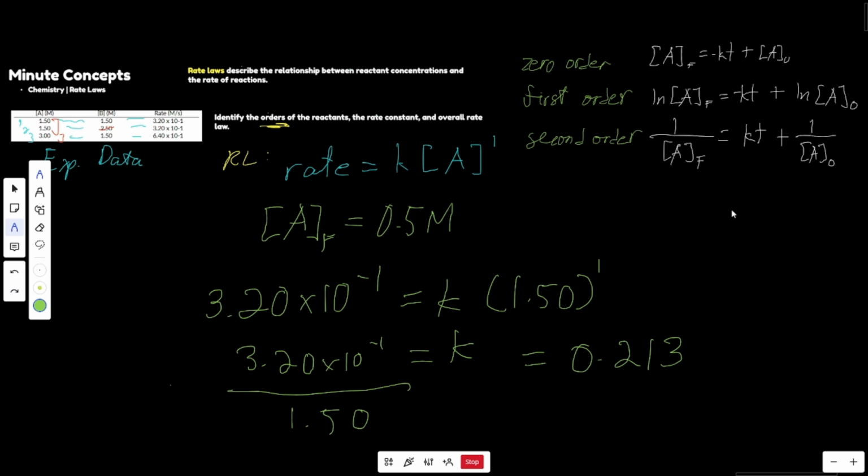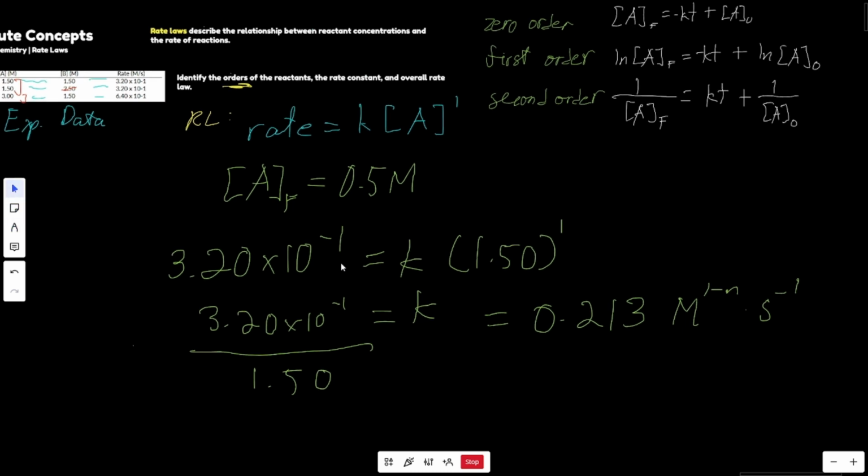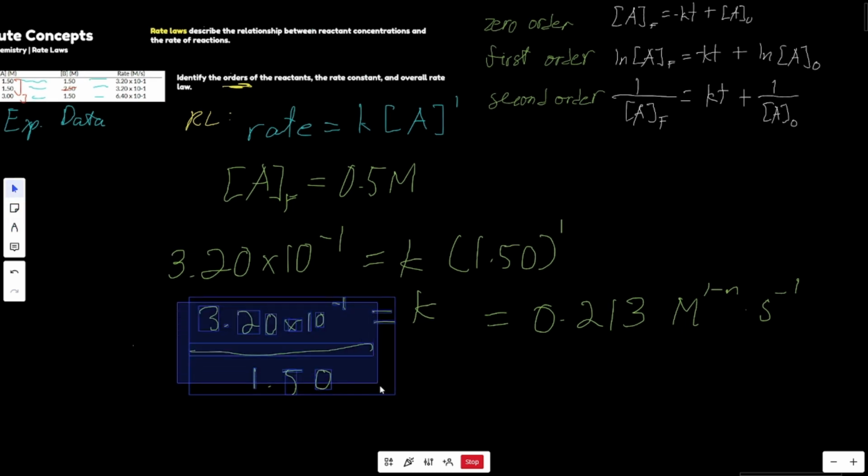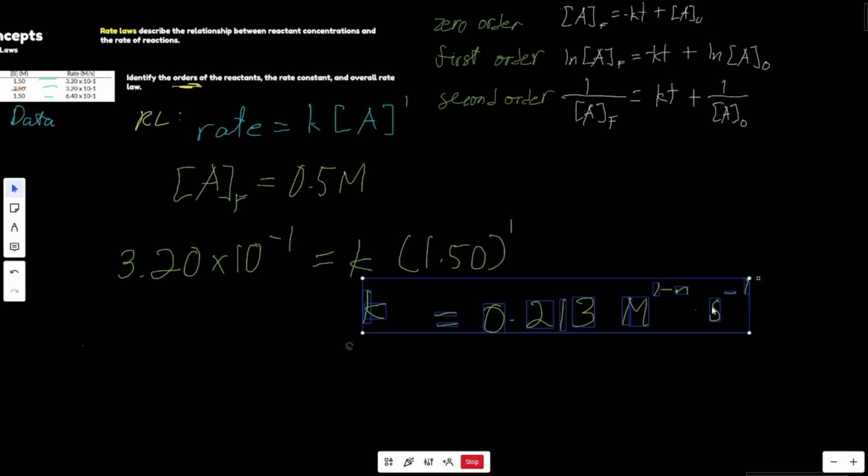Now, what are the units of our rate constant? The rate constant is always in terms of M to the power of 1 minus n, times seconds to the power of negative 1. Here n is the overall order, and our overall order is 1.